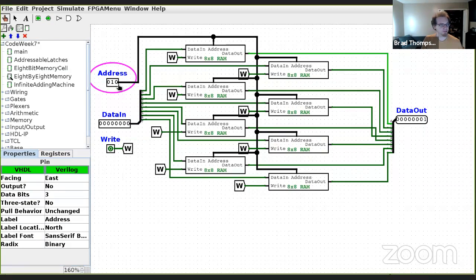Then when I change the address, it all clears out, except for a thing that I forgot to clear out earlier when I was experimenting. But when we go back to the original address where I had written stuff, all of my individual RAM cells remember what was supposed to be there and send the data back out.